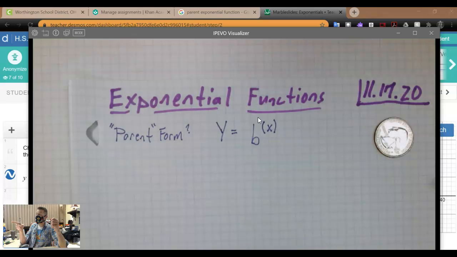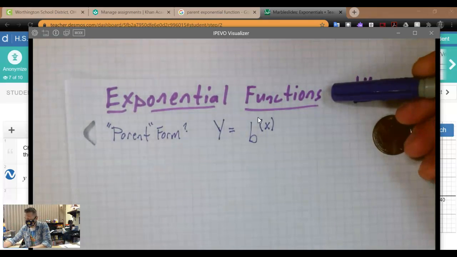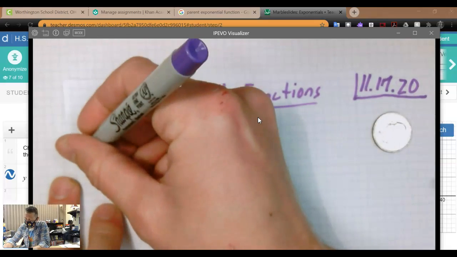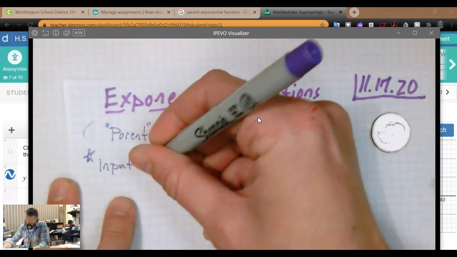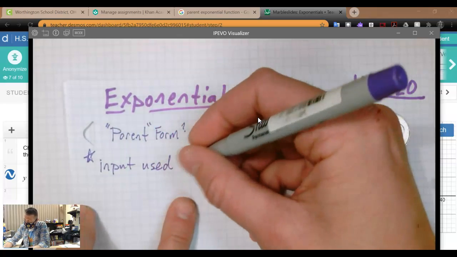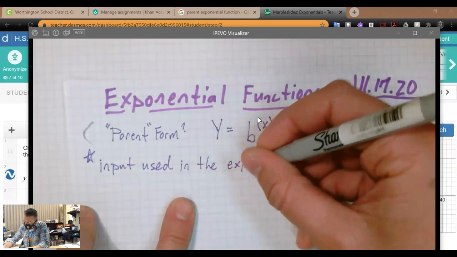Which variable? Independent or dependent? Or the input or the output? The input. So to be an exponential function, the input needs to be used in the exponent. So to be exponential, the input is used in the exponent.